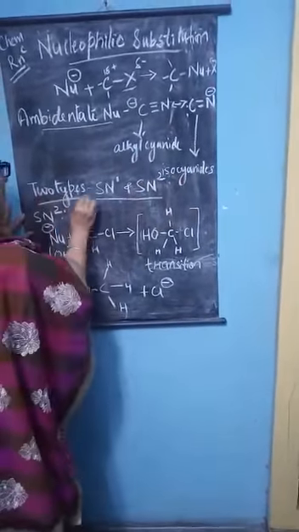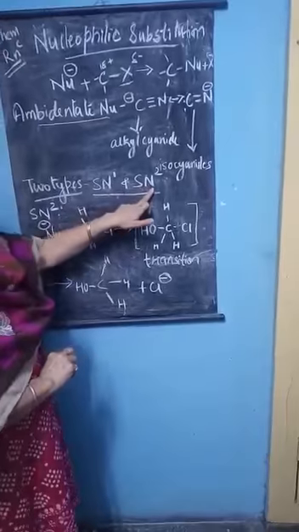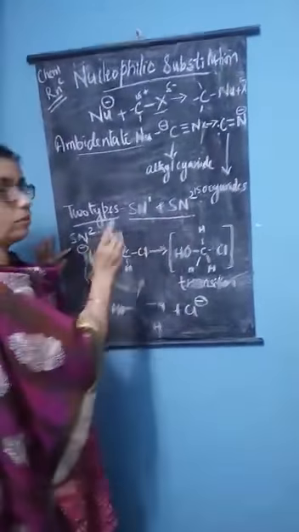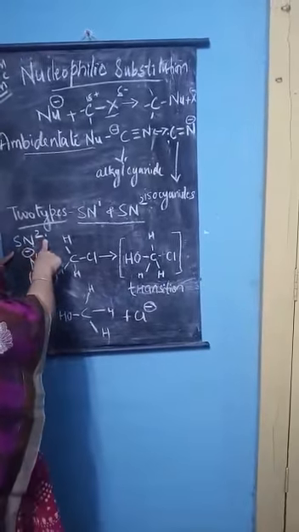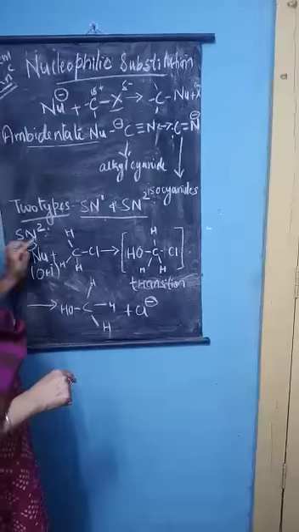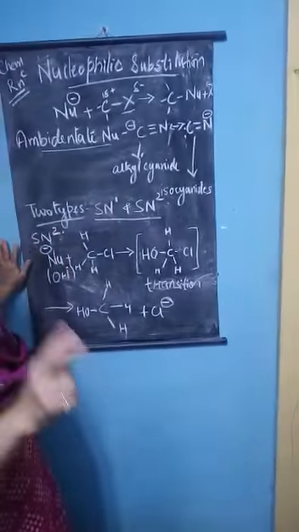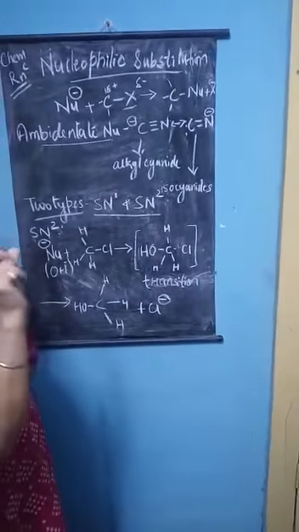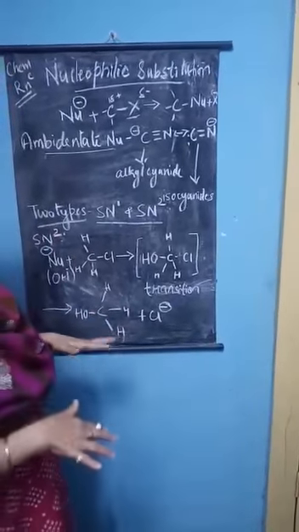Now there are 2 types of nucleophilic substitution reaction, SN1 and SN2. SN2 stands for nucleophilic substitution bimolecular. Bimolecular means 2 reactants, 2 parts which take part in the reaction, and both will participate in the reaction itself.